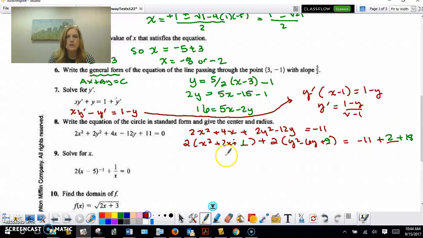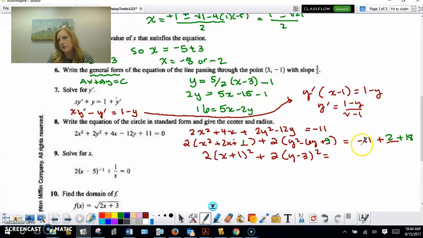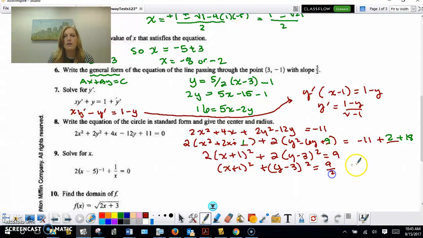Then you factor: 2 times x plus 1 squared plus 2 times y minus 3 squared equals, add all this up, which is going to give me 7 plus 2, 9, divide by 2, so x plus 1 squared plus y minus 3 squared equals 9 halves. So your center is going to be -1, 3, and your radius is going to be the square root of 9 halves.